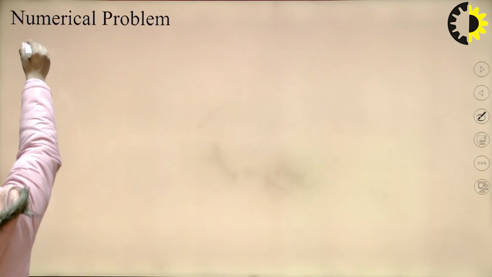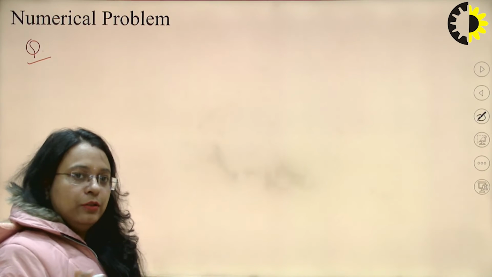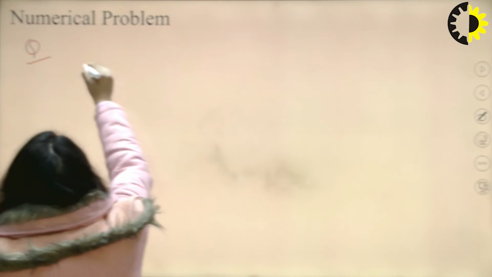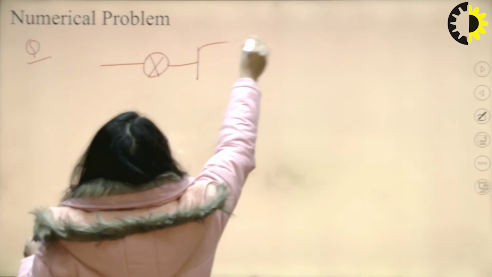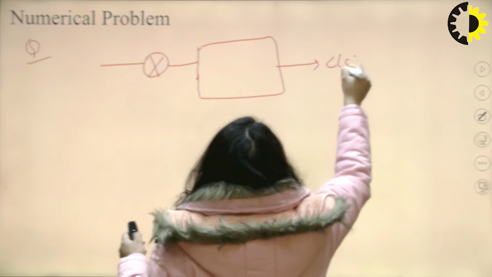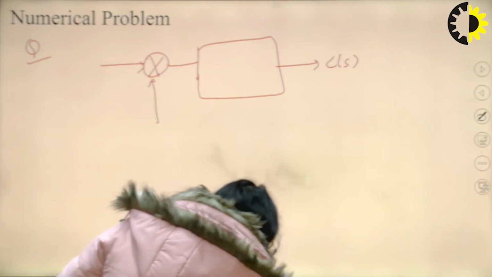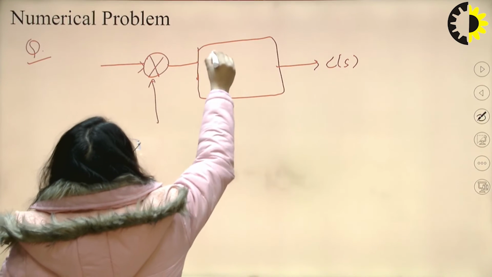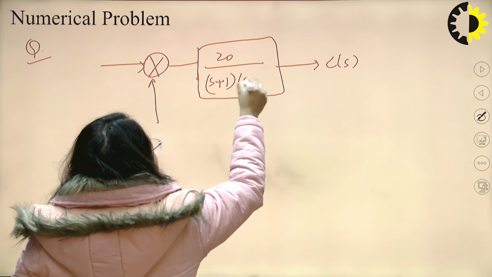Now I would like to describe one more example based upon the second order time response. The question given is a second order control system. Let me take the values from the book. R(s) is 20 upon (s plus 1) into (s plus 5).